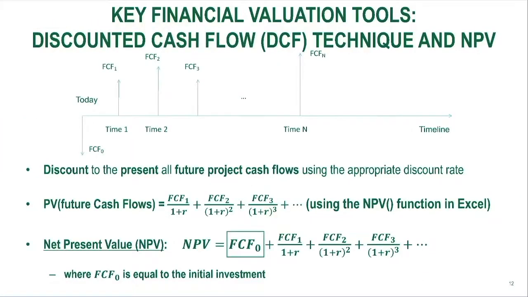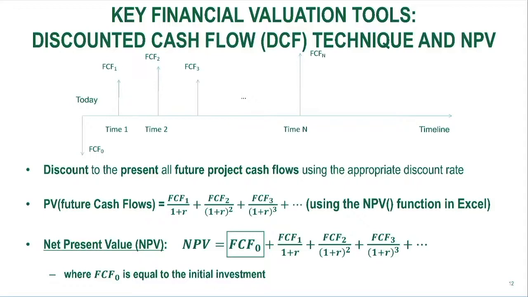So more generally, we can add up the present values of all of the future cash flows associated with the project, add that to the cash flow associated with the initial outlay, being very careful to obey the cash flow sign convention, such that assuming there's an initial outlay, that's going to be a negative free cash flow initially. Adding all of those things together, we get the net present value.